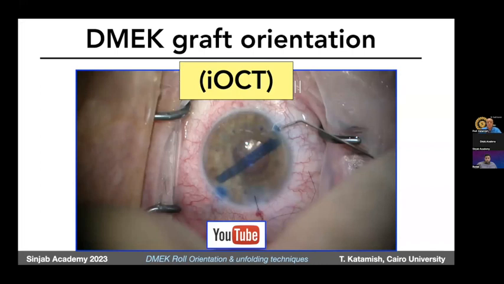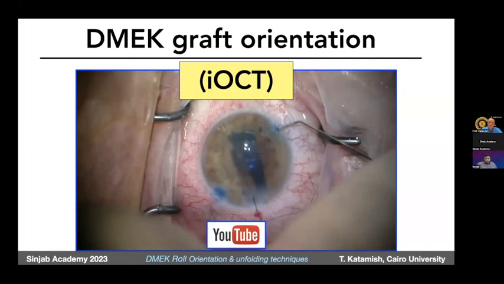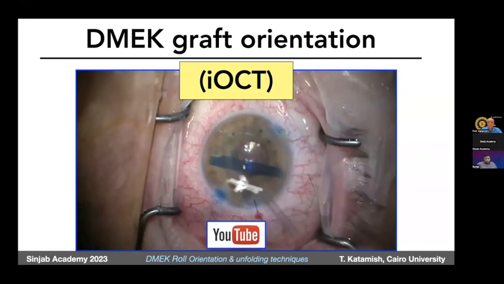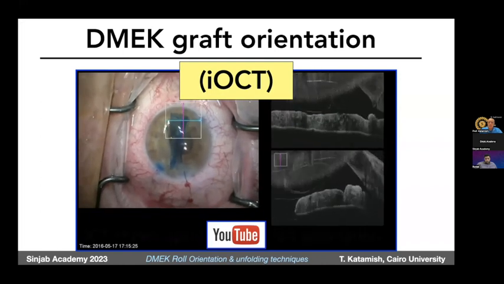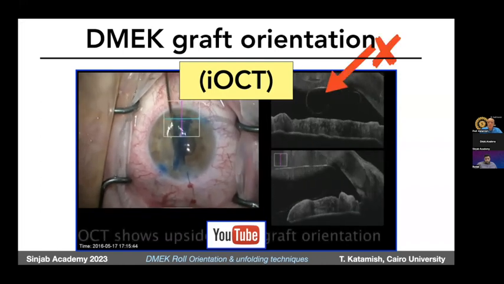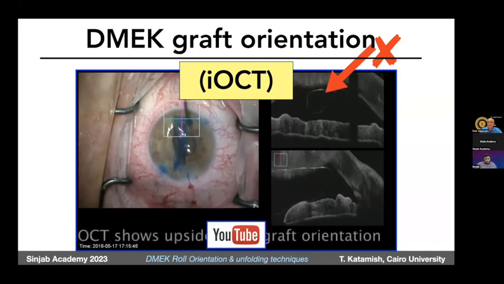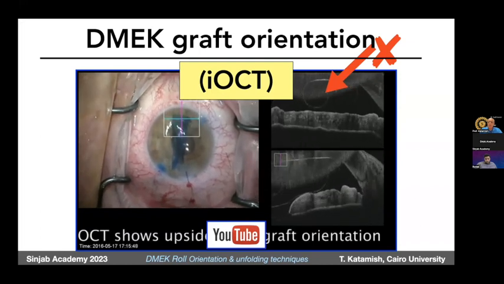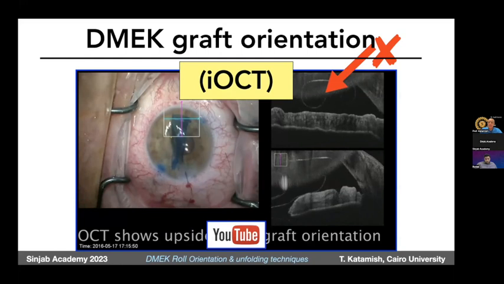If you have anterior segment OCT, this is an example from YouTube. It is not my video. During your technique, you see now that the graft is in the wrong orientation because the scroll is facing toward the iris.